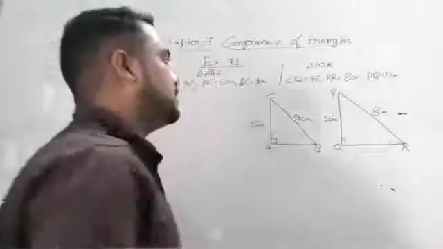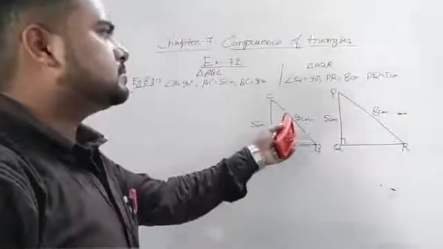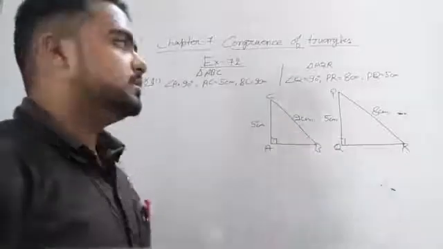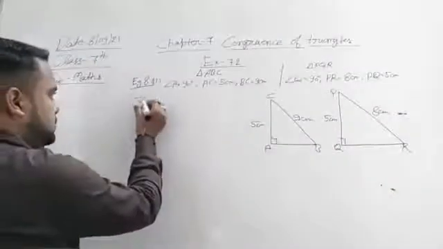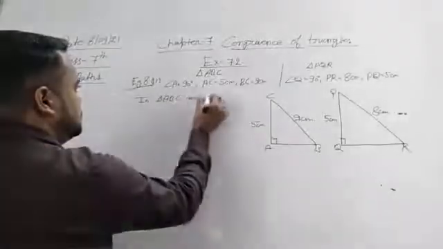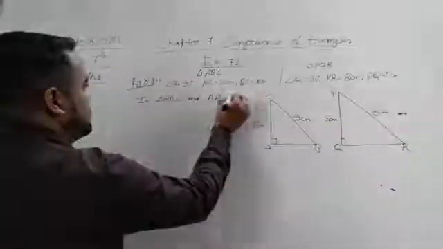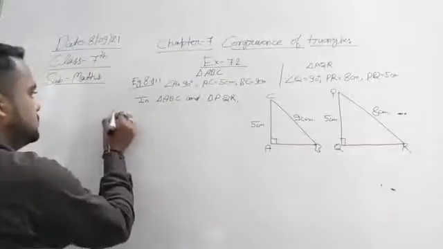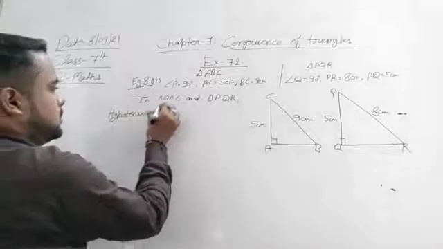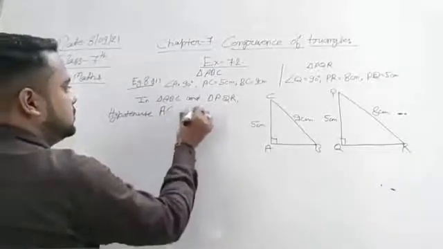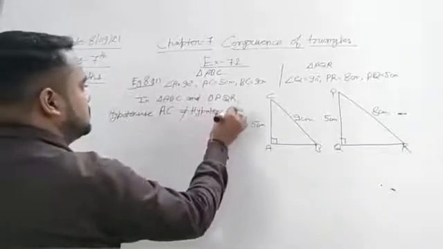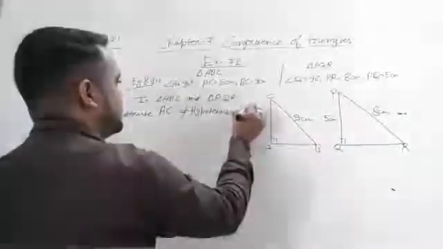Here you can find that the hypotenuses in these two triangles are not equal to each other. In triangle ABC and triangle PQR, hypotenuse AC is not equal to hypotenuse PR.